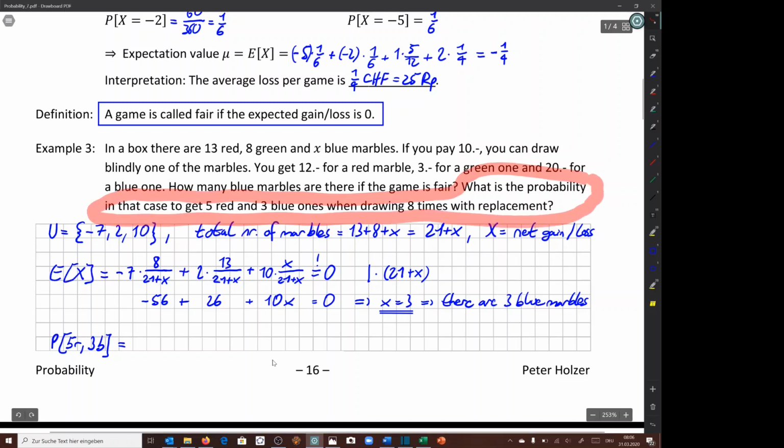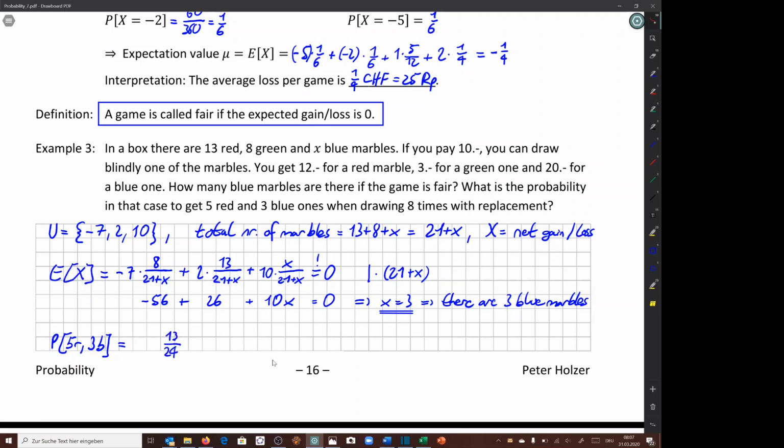We draw 8 marbles from the box with replacement, and the question is, what is the probability to get exactly 5 red and 3 blue ones? This means probability here. You can solve that on your own, so stop the film, and here comes the result. The probability that the first marble drawn is red is 13 divided by 24.